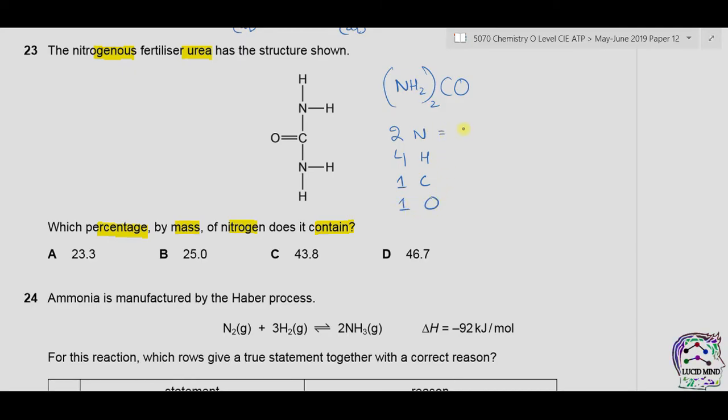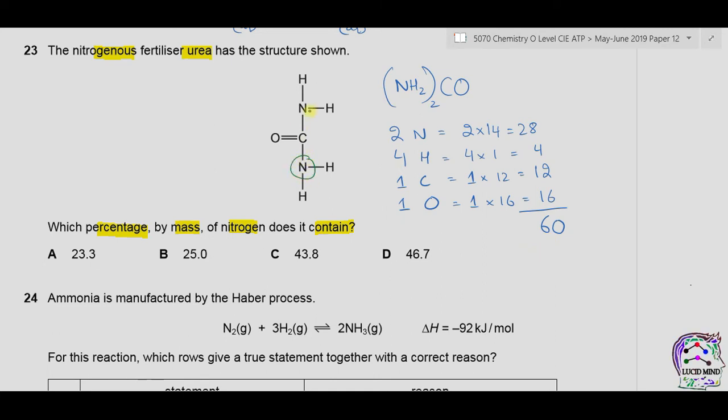Now the atomic mass of 1 nitrogen is 14, so for 2 it will be 28. For hydrogen it is 1, so for 4 hydrogen it will be 4. For carbon it is 12, so for 1 carbon it will be 12. For oxygen it is 16, so for 1 oxygen it is 16. Now adding all these together, the molecular mass is 60.